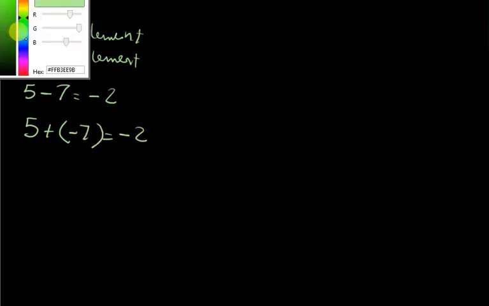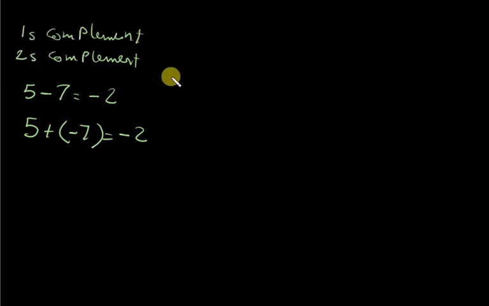So what we do with one's complement and two's complement is make this negative number. They will give us a negative number in binary. Now let's solve some problems with one's complement and two's complement.